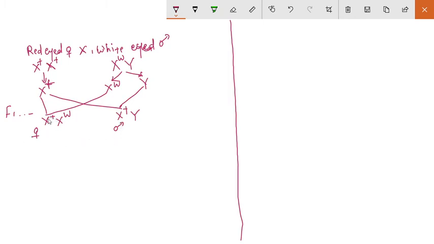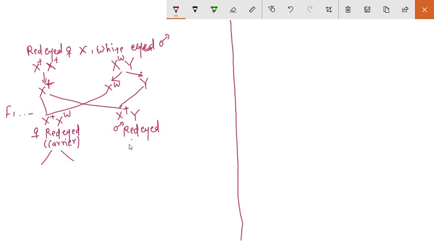X plus X W means a red-eyed female, but she is a carrier. Carrier means even though she has red eyes, she is a carrier because she has the X W chromosome. And here X plus means red eye, so it is a red-eyed male.